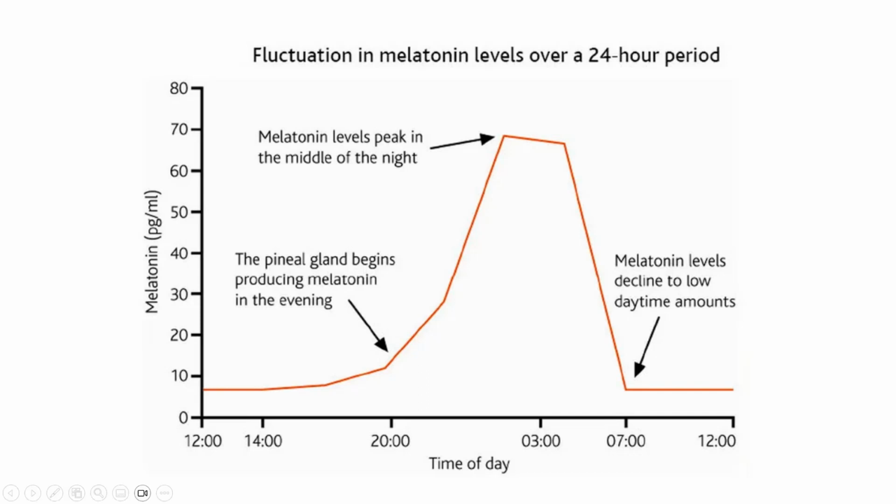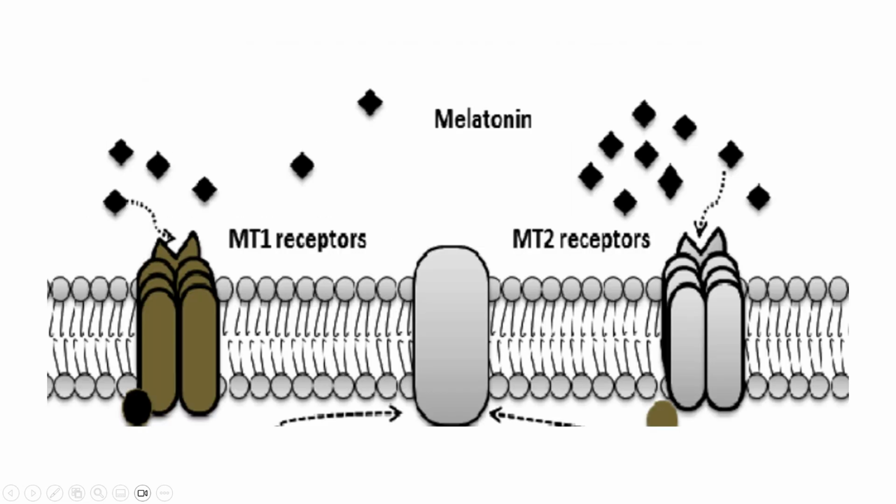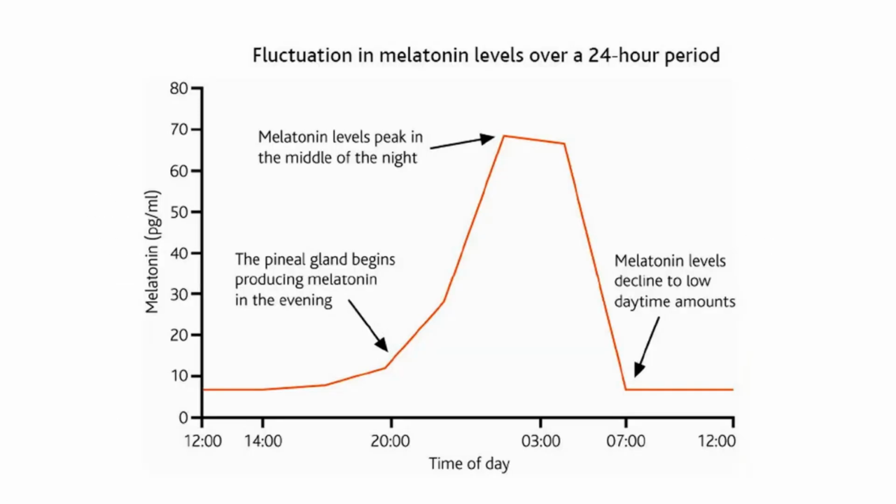But as the sun starts to go down, you start to produce more melatonin, which is going to go up, have a peak, and then will start to go down. When it goes down, when most of the melatonin is leaving the receptors, you will start to wake up. That doesn't mean all melatonin has left the receptor. If you want all melatonin to leave the receptors, just look at light, okay?